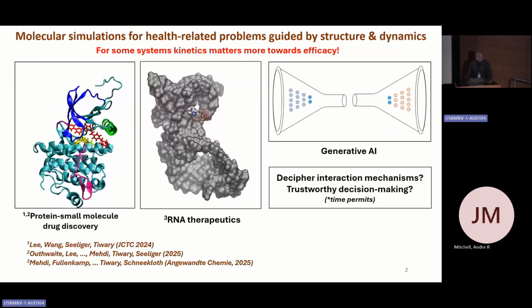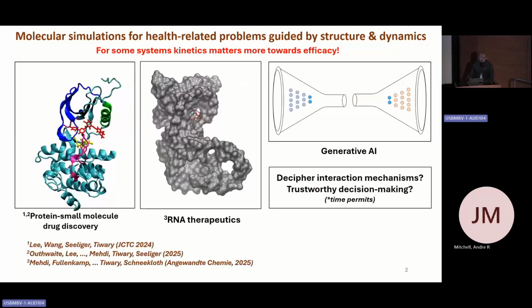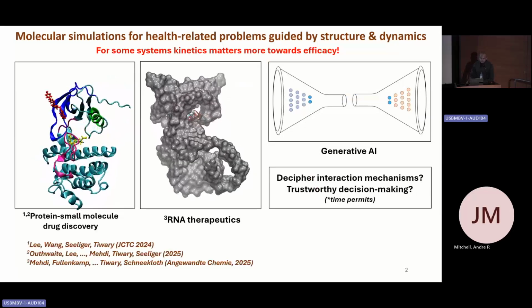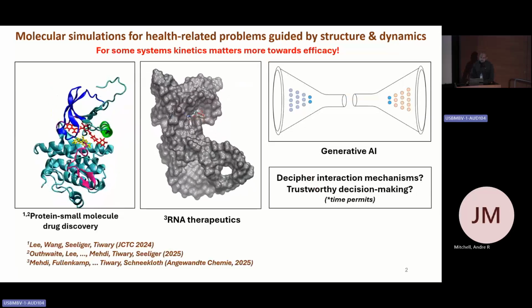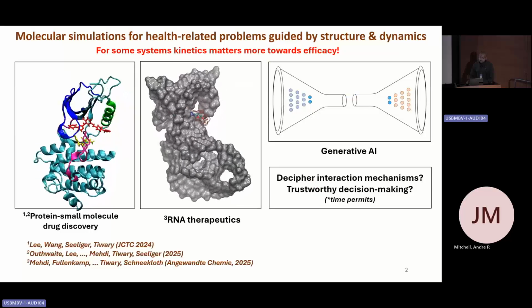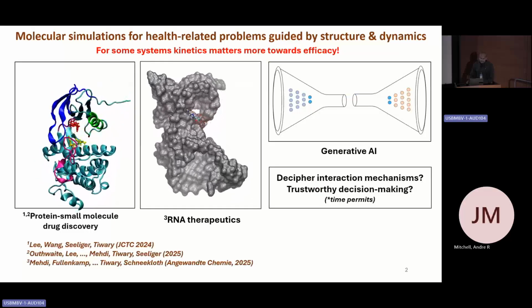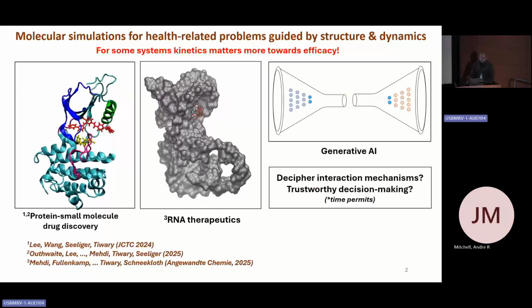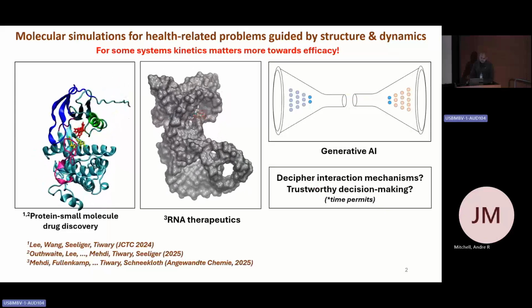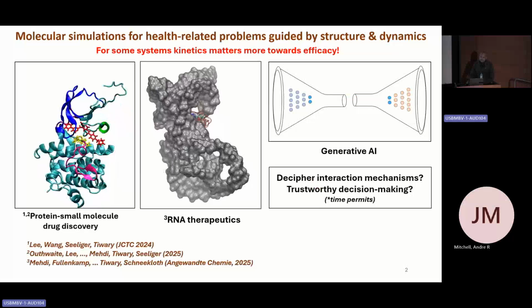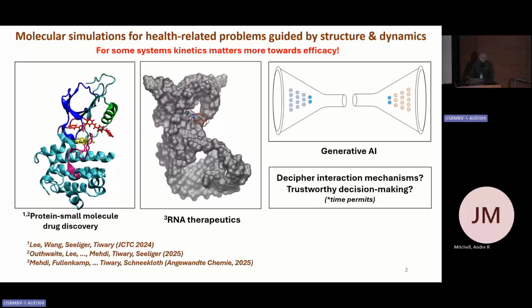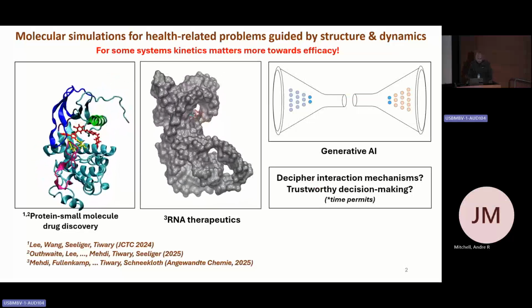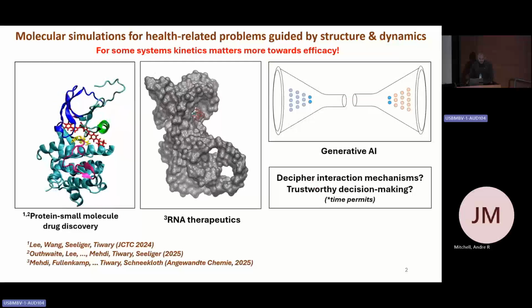But in this talk, I will focus on the core principle that we developed there and that we are now extending to get kinetics for both protein and RNA targets, specifically for systems in which it has been shown that kinetics is more relevant in efficacy compared to affinity.